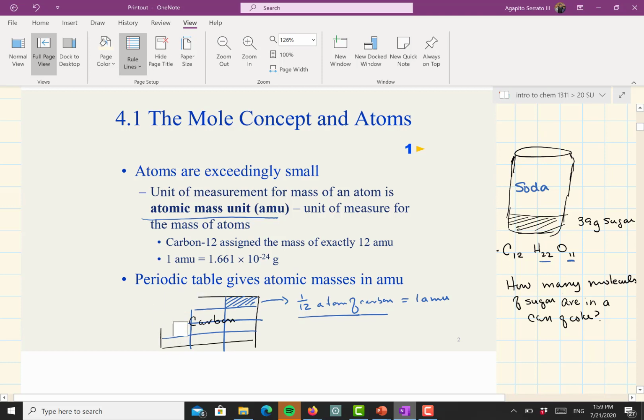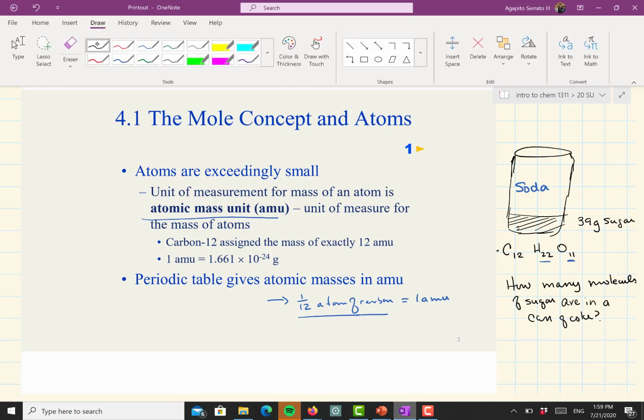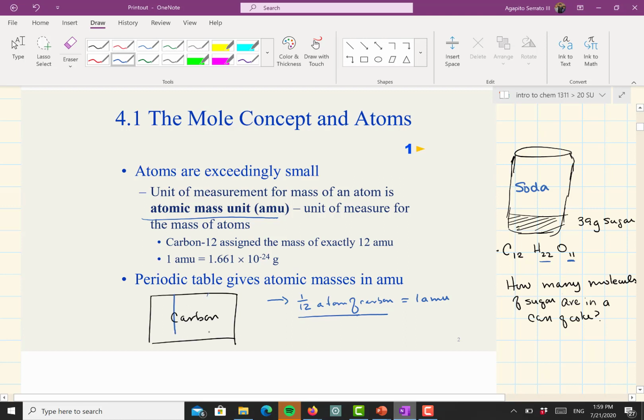Well, if I were to have one carbon atom, and I cut it up into 12 parts, and I took one small part of that, which is 1/12, that is equal to 1 AMU.